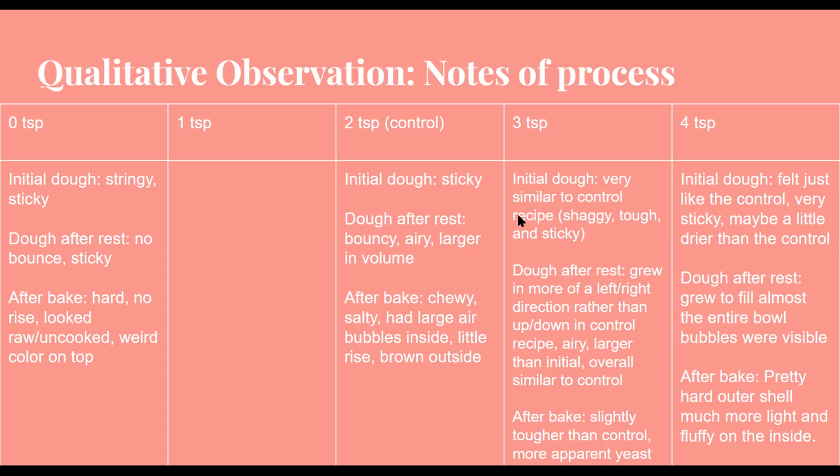After resting, it grew more laterally than vertically compared to the control recipe, but it was still overall pretty similar to the regular recipe. After baking, it was slightly tougher, and there was a more apparent yeast taste. And I think in the photos it was a bit darker in color, but that could have been due to the placement in the oven.